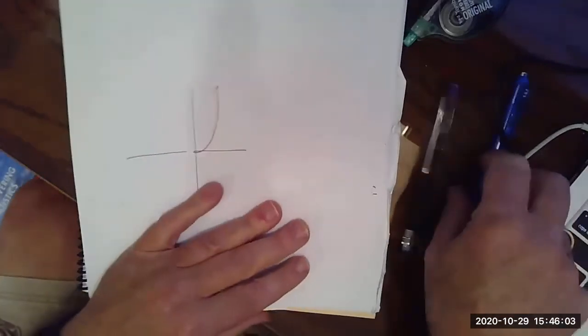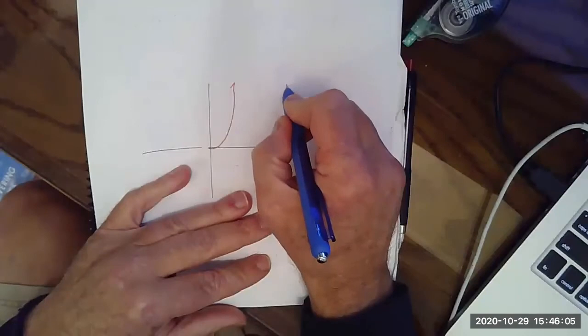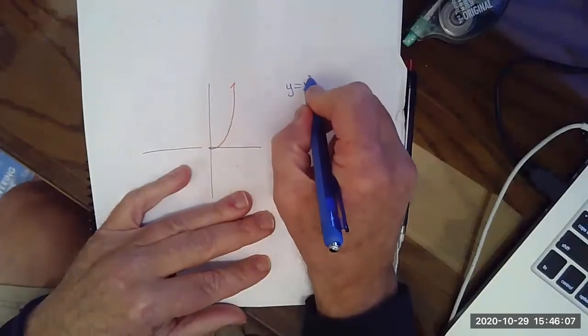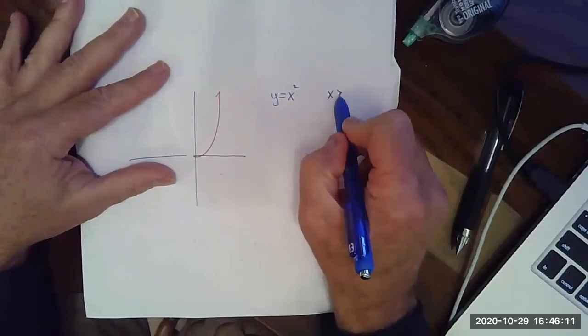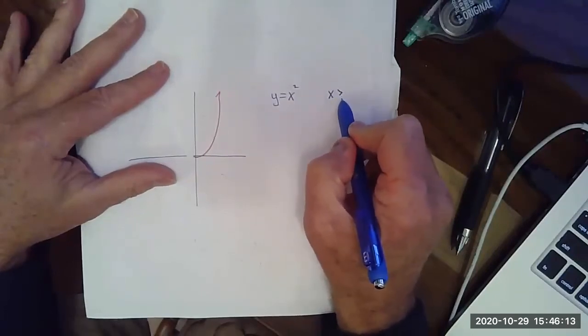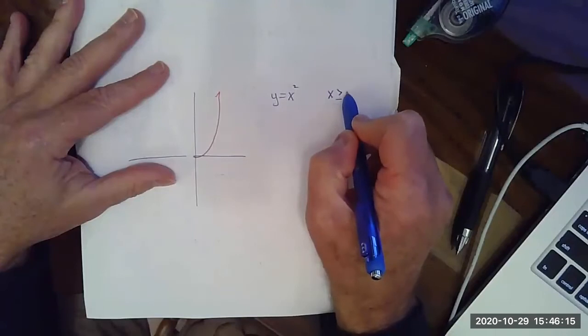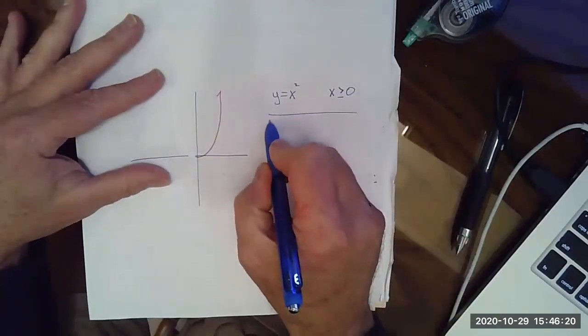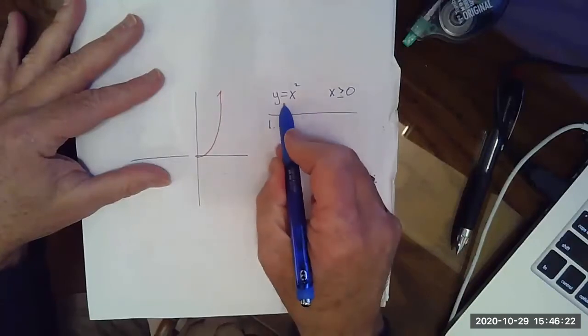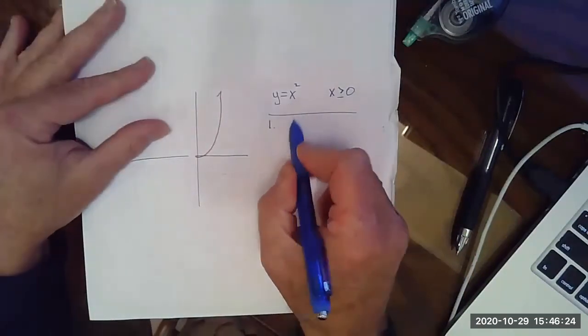The original parabola looked like y equals x squared, but then you restrict the domain, you would say x has to be greater than or equal to 0. And if you did that, then to find the inverse, step 1, swap x and y.